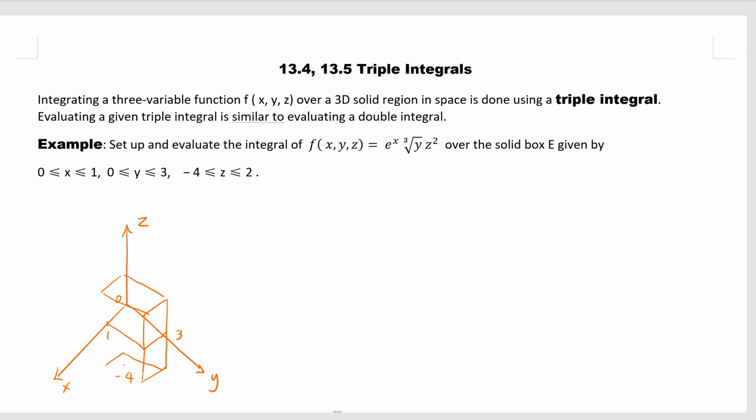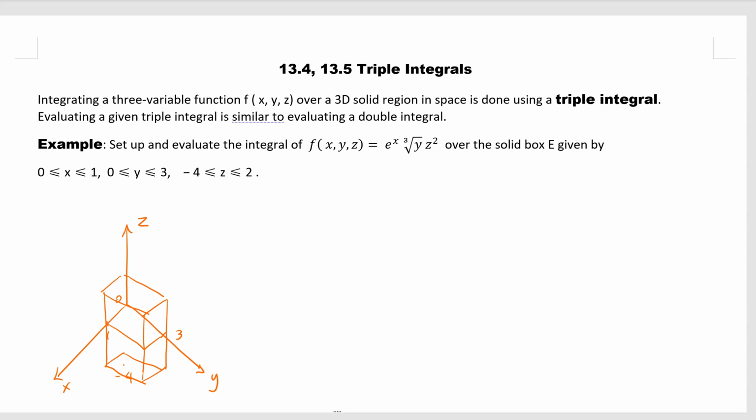Can you imagine, everybody? Okay, so this is the rectangular box. Let's set up the integral. Similar to the double integral, do you remember for a double integral, if our region in the xy plane is a rectangle, then the order of integration does not matter.